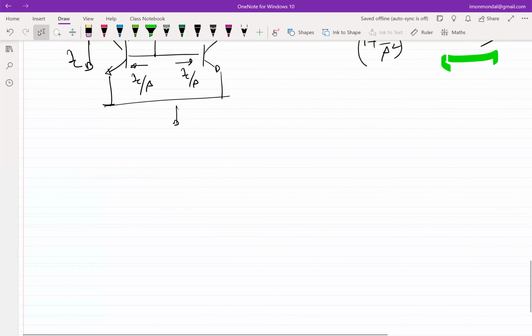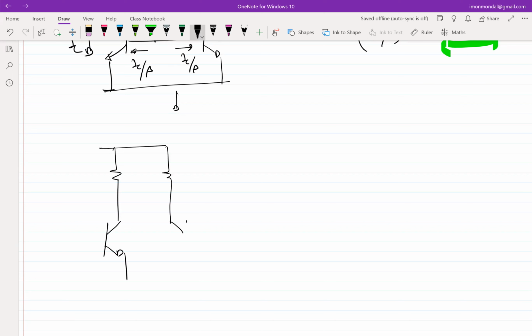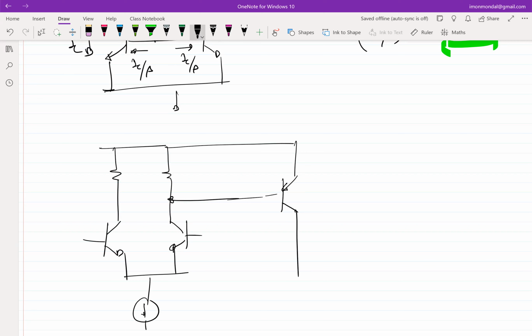So if we do the differential pair equivalent of whatever we did in the case of a MOSFET, the equivalent is this. You have a second stage, and the second stage has a PNP, and you have a compensation capacitor, right?